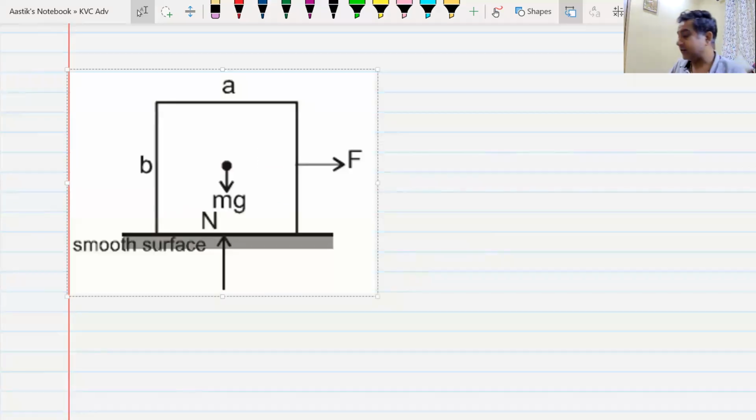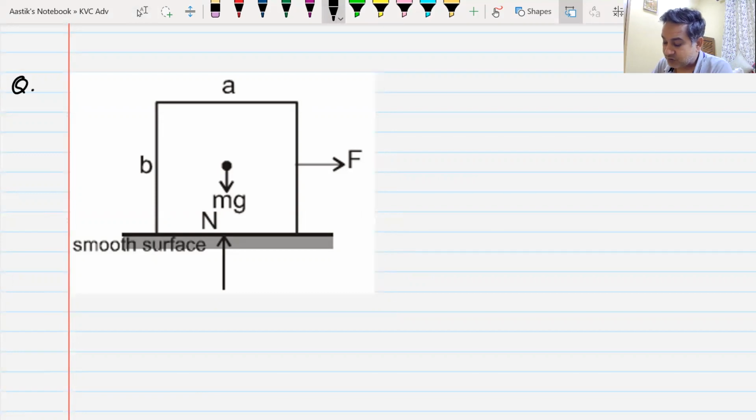Okay. This is the question. The question is very simple. What should be the value of this force F, applied here, so that the body can topple? Remember, the body is kept on a smooth surface.